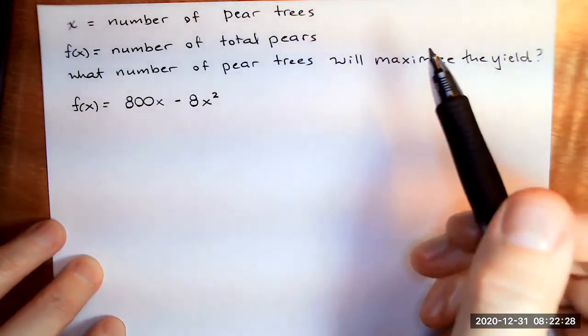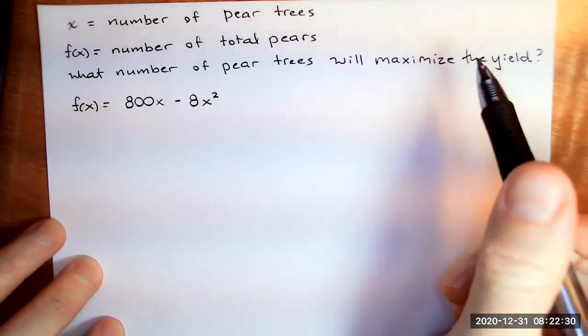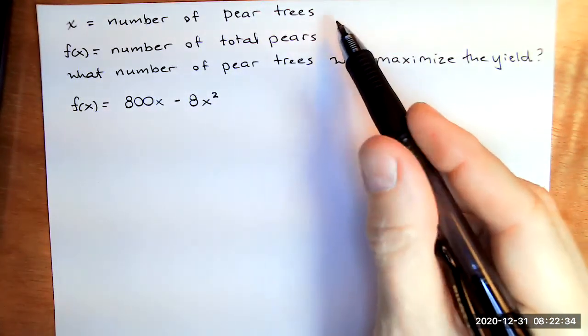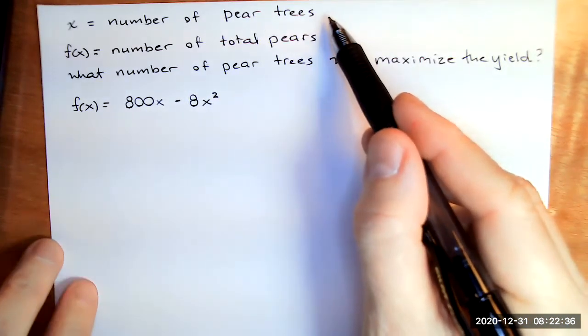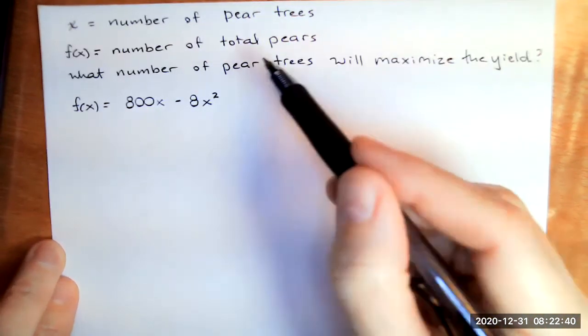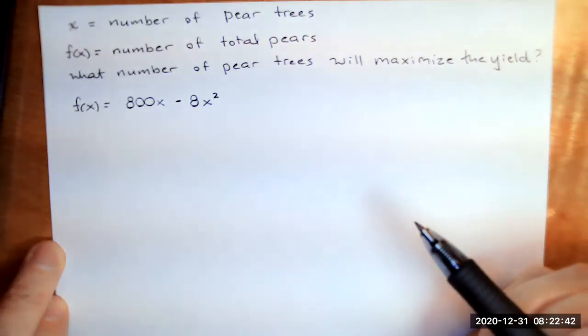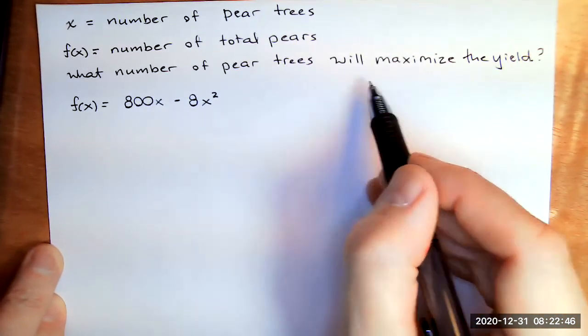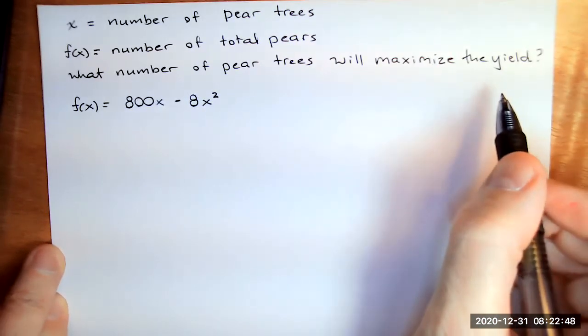All right, you decide to become a pear farmer, and it turns out that the number of total pears depends on the number of trees that you plant. And if you plant too many, then each tree will not produce as many pears. So what number of pear trees planted will maximize the yield?